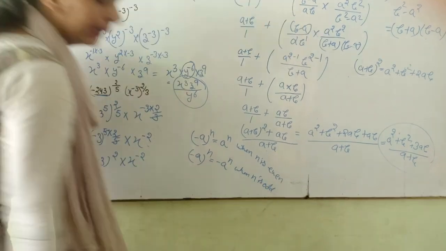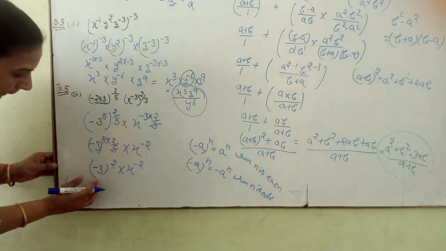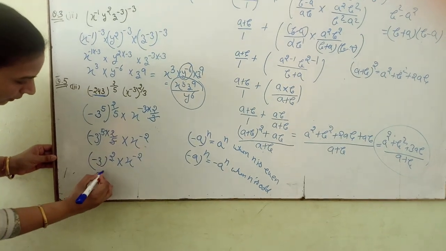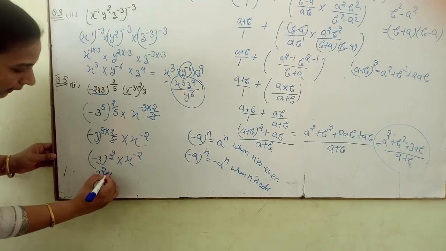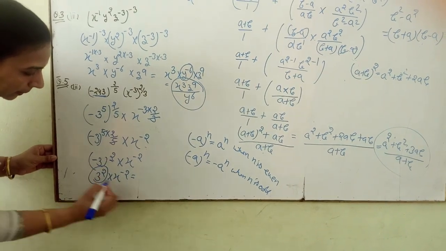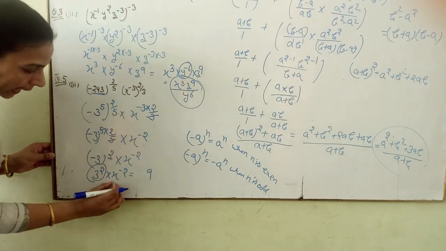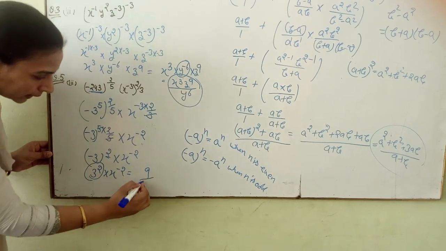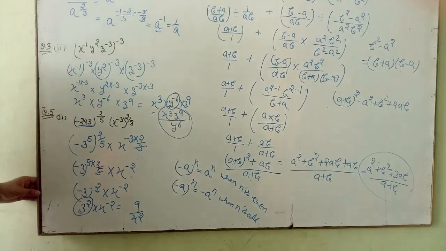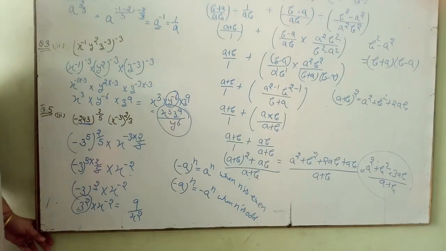Here n is even, so we can write this as 3 raised to the power 2 multiply x raised to the power minus 2. 3 raised to the power 2 is 9, and x raised to the power minus 2 we write as x raised to the power 2. Clear? Next we take another question.